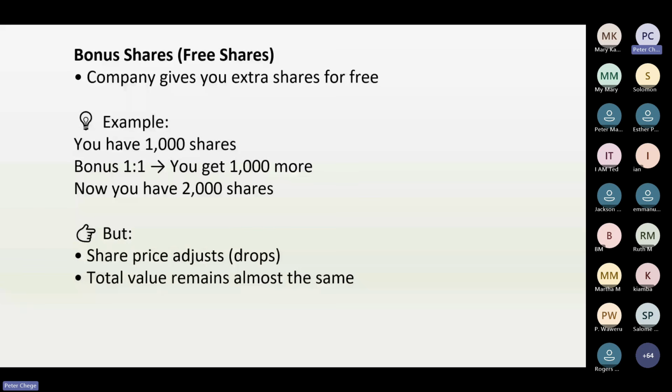Prices are adjusted downward because of bonus dilution. This makes sure the value remains the same. So if you multiply the new number of shares times the price, the valuation doesn't change at all. So your valuation remains the same.